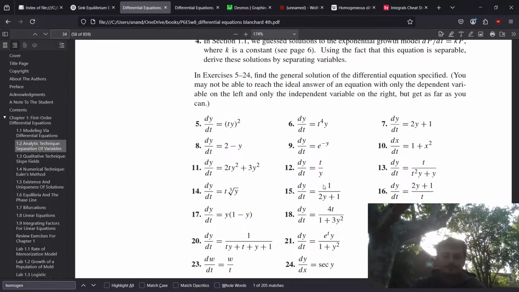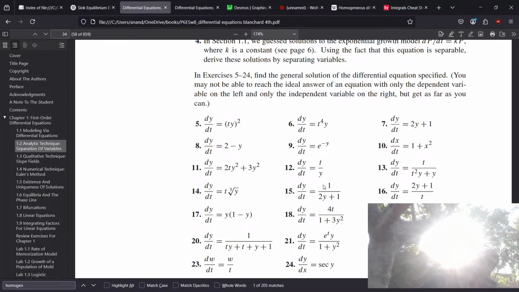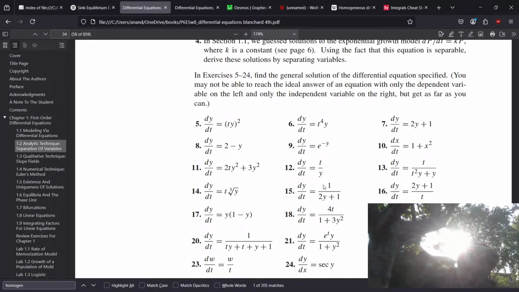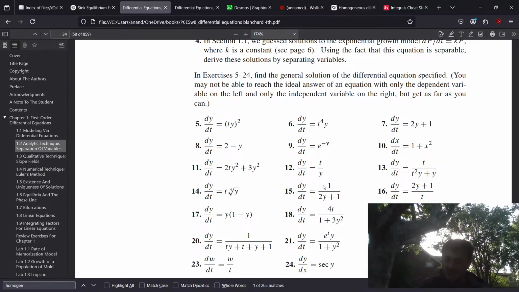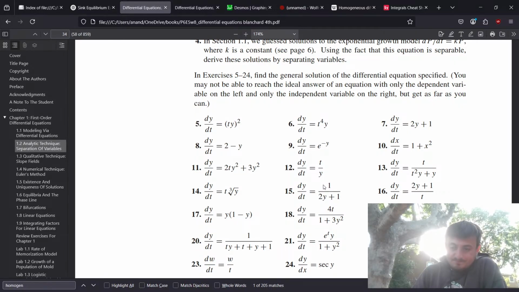Great. So what we need to write though is y of t is equal to c e to the t to the 5 over 5 for c in the reals. That's like the true way to write the solution, the general solution. Number 7, 2y plus 1.